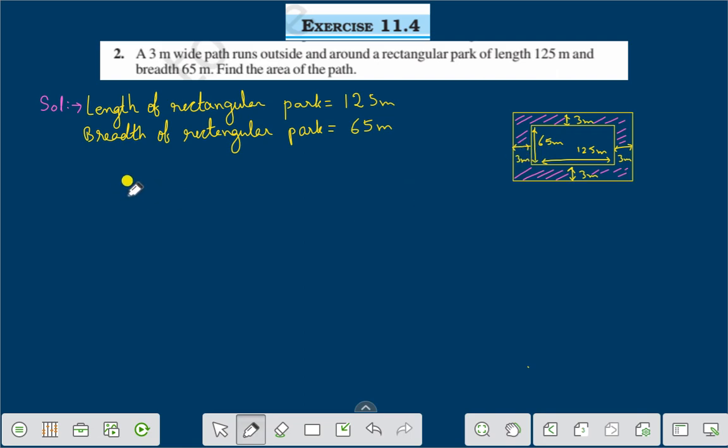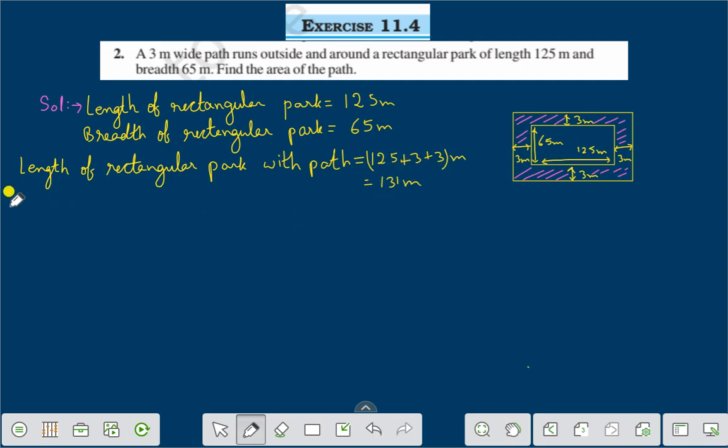Therefore length of rectangular park with path is equal to 125 plus 3 plus 3 meter, that is 125 plus 3 is 128 plus 3 is 131 meter.